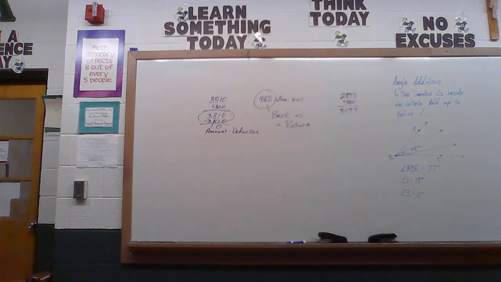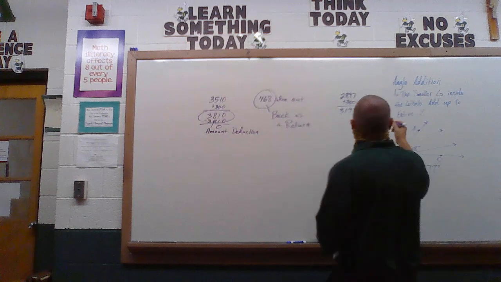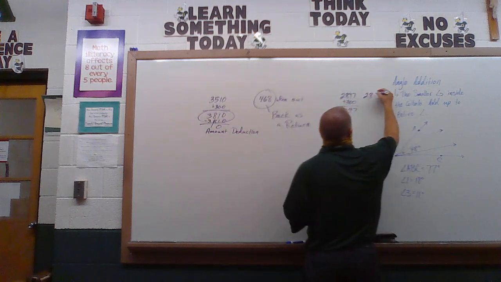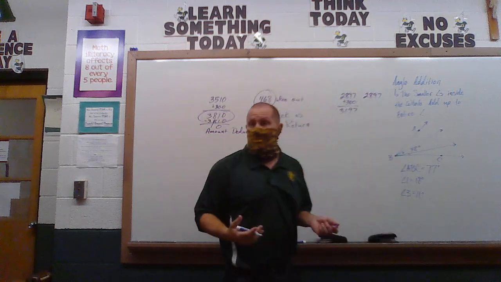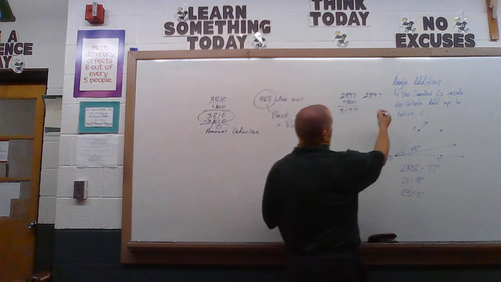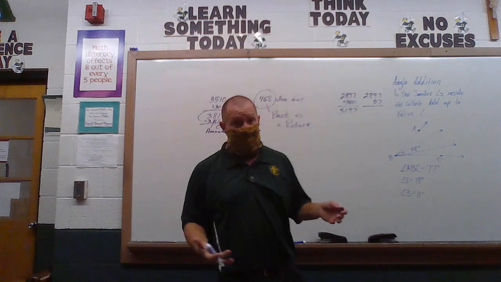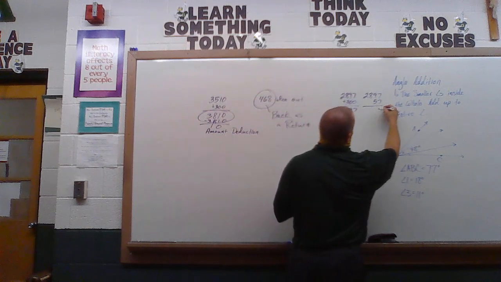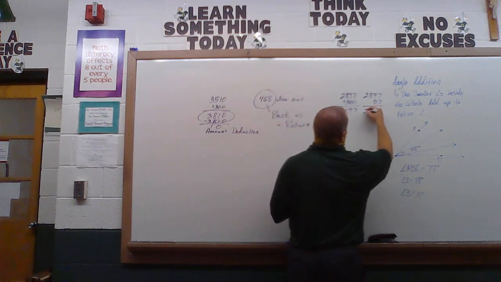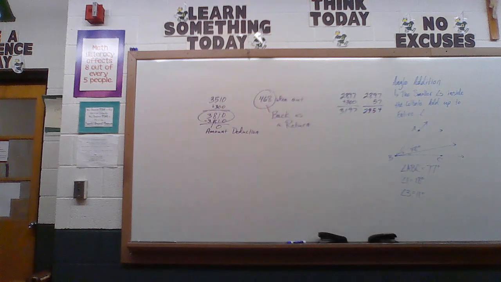That is the amount of deductions that I would have. Now, how much income did I make? Well, now I had $2,897 that I made from the job, but what other income did I have? 57. 57 more dollars in interest, because I had a checking account or something. So I add this up, and I get $2,954.